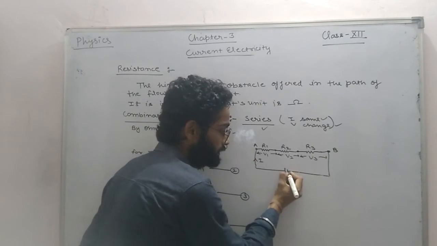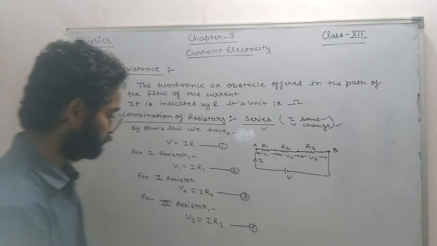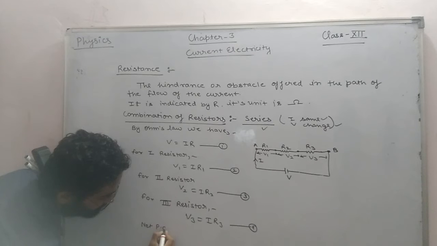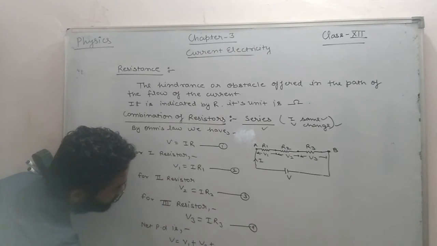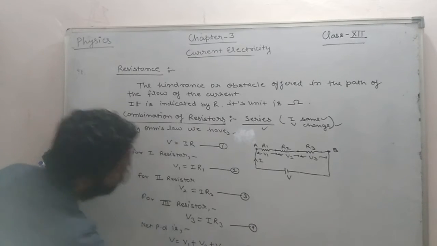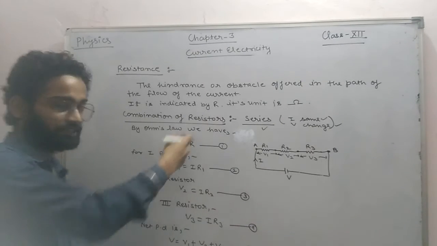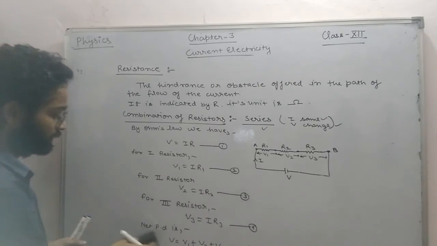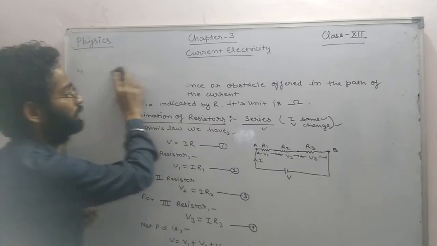They are getting the voltages from a battery, that is V. So the net potential difference is V is equal to V1 plus V2 plus V3, equation number 5. If we see equations 1 to 5, we can put all the values here.